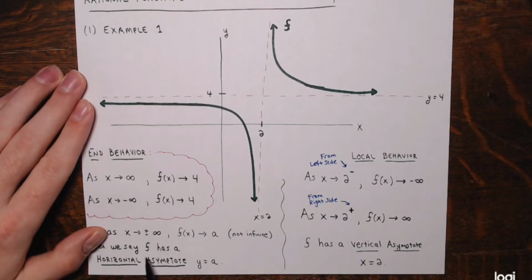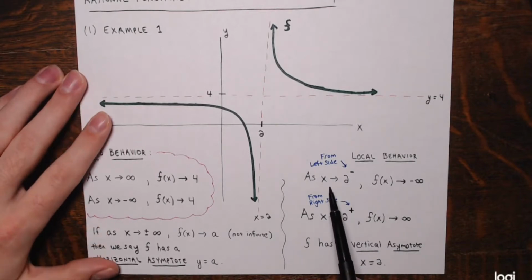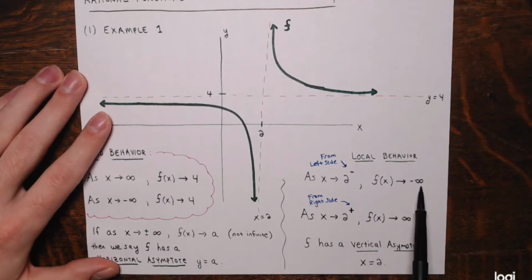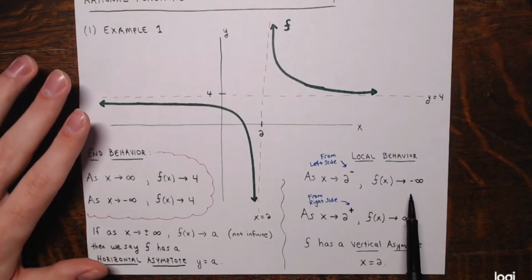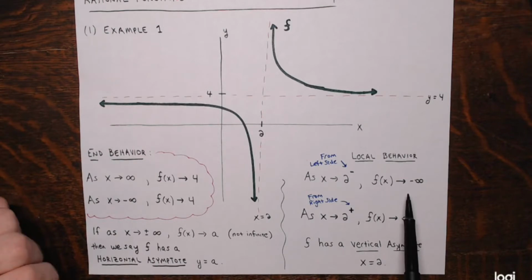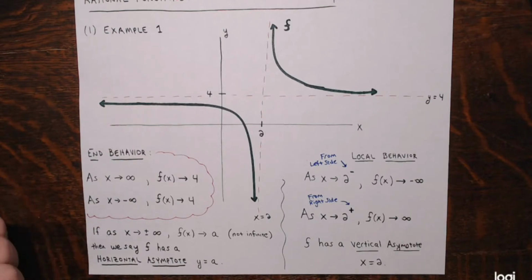Alright, and again, you can look up the definition, just look in the text. But as x approaches a finite value from either the left side or the right side, if the function's going to infinity or negative infinity on either side of some finite value, then you have what's called a vertical asymptote at that value. Right? And that's really all we're doing for this video, right?